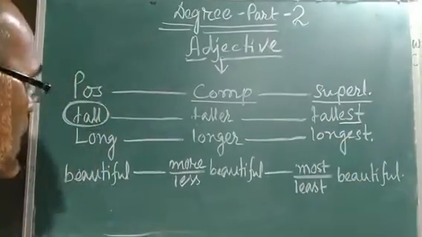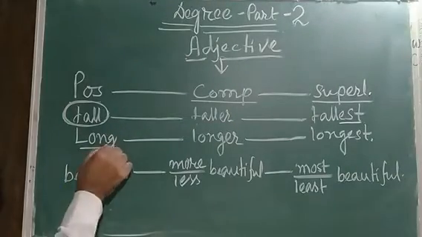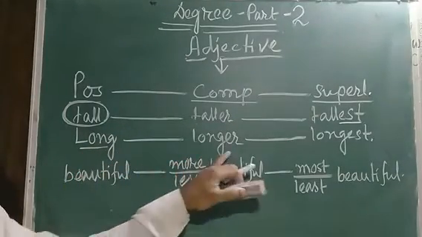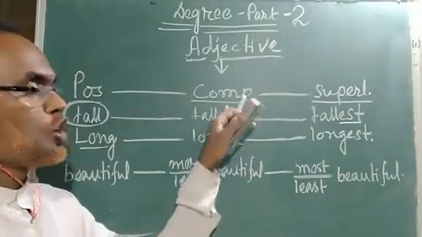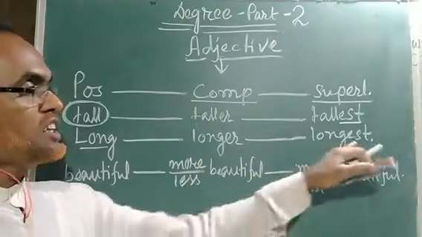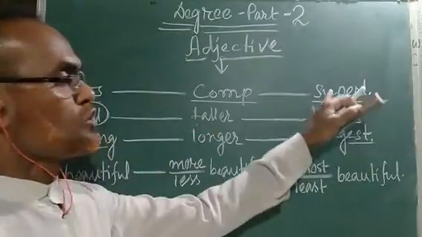Like tall, I have written another word, long. Er is added with long, which makes it comparative degree, and est is added with long, which makes it superlative degree.